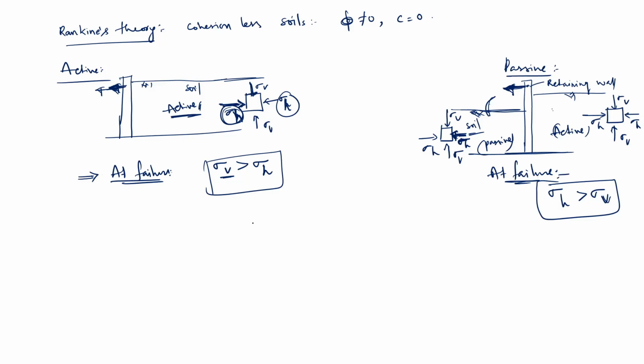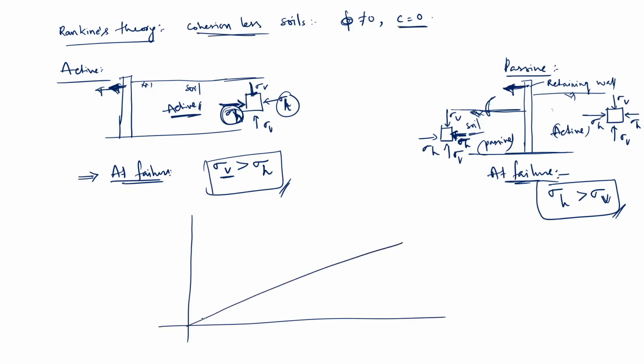Once you know these two things for the active and passive states, and for cohesionless soils, that means C equals 0, I can roughly draw the Mohr-Coulomb failure envelope. It passes through the origin because there is no intercept, since C is 0, and it has angle phi. Now there is the Mohr circle, it touches at one point.